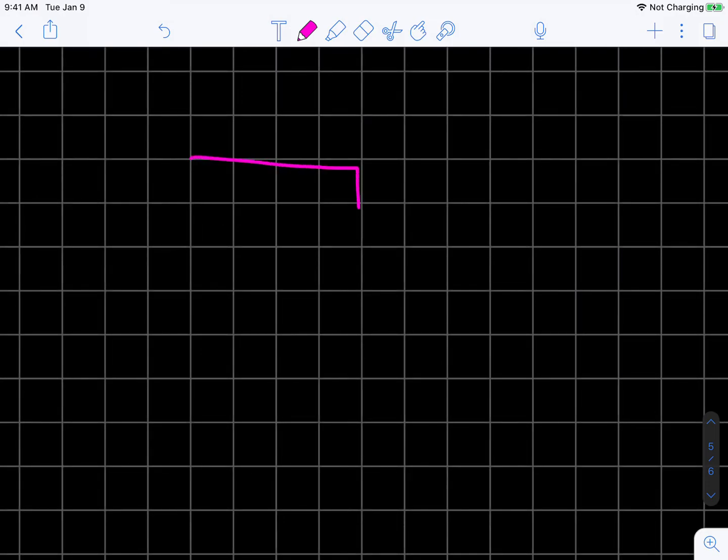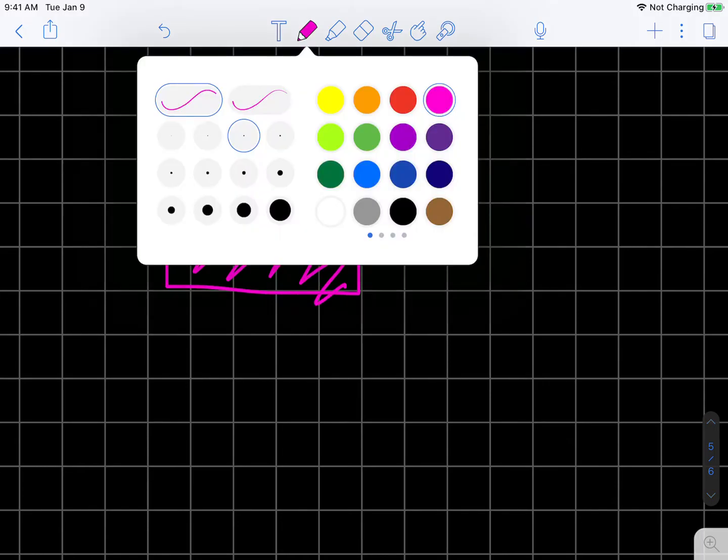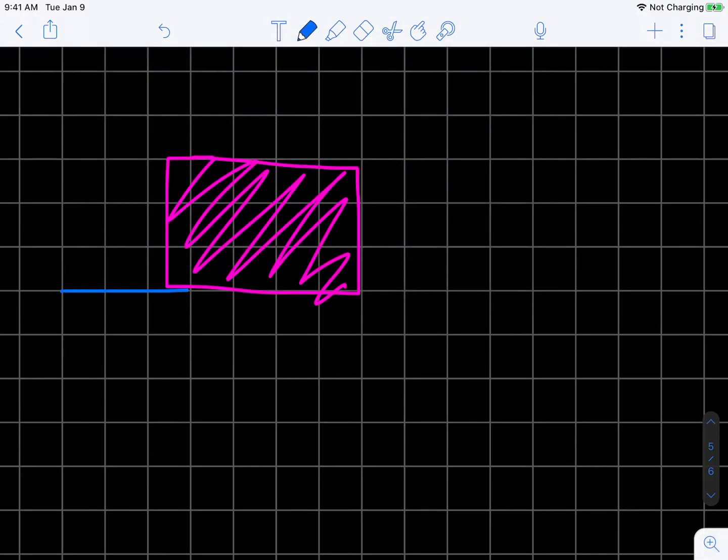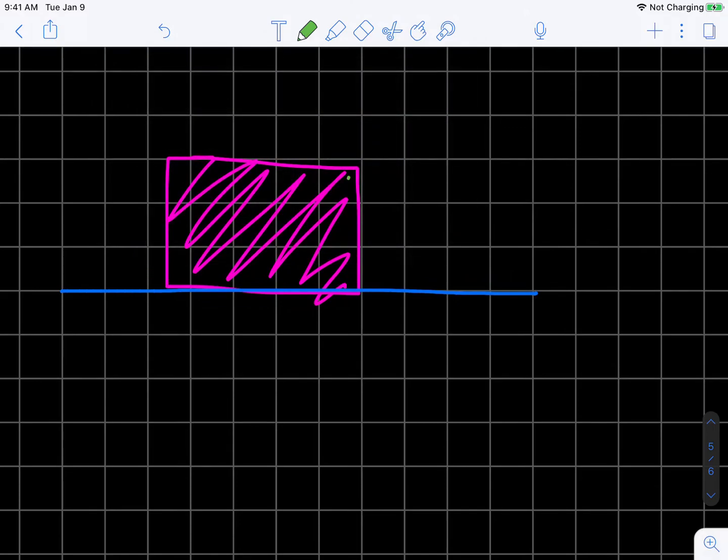Okay, so we have our object. And we're just going to use a simple box. And the box is going to be lifted up and pulled. So we're going to lift the box up and we're going to pull it. So our applied force is actually on an angle.